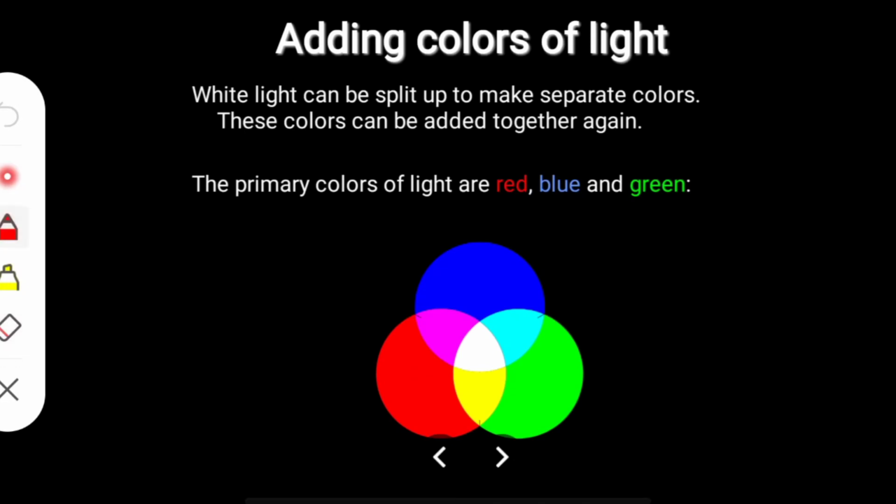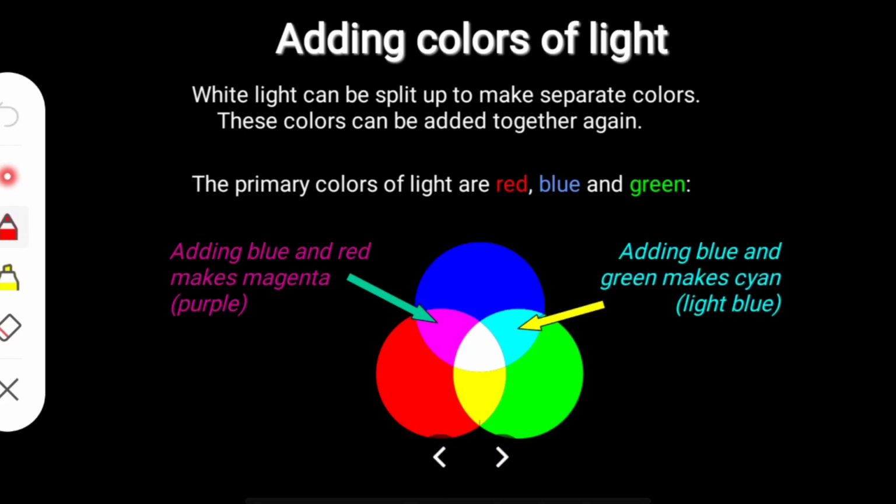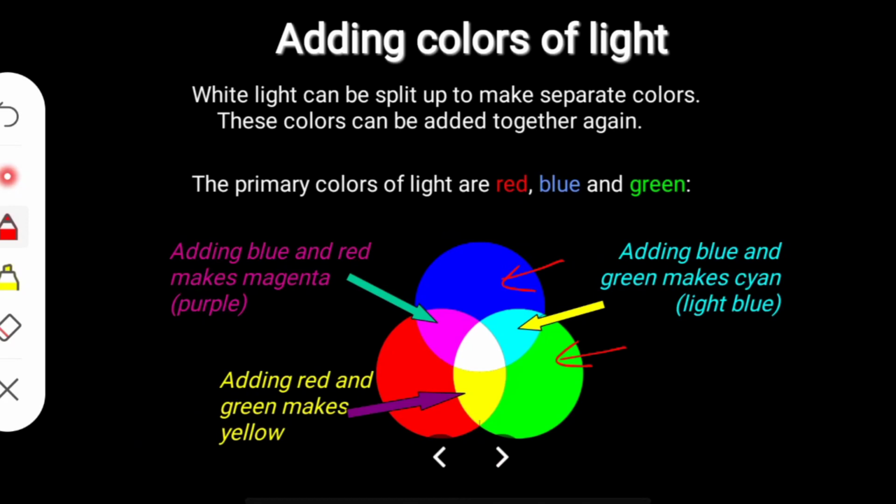So when red and blue meet, they will make a magenta color. And when blue and green mix, we will get a cyan or light blue color. Similarly, if we add red and green, we get a yellow color. Afterwards, if we add all three basic colors, then we'll get a white color again.